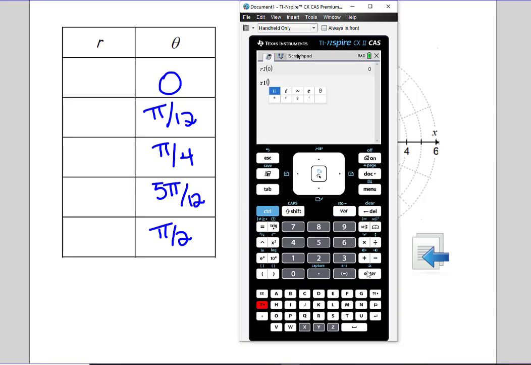When we have pi over 12, we have 2.82. Pi over 4 is 4. And 5 pi over 12, 5 pi divided by 12 is 2.83 again, and then at pi over 2 it should be undefined. Nope, it's at 0. Okay.